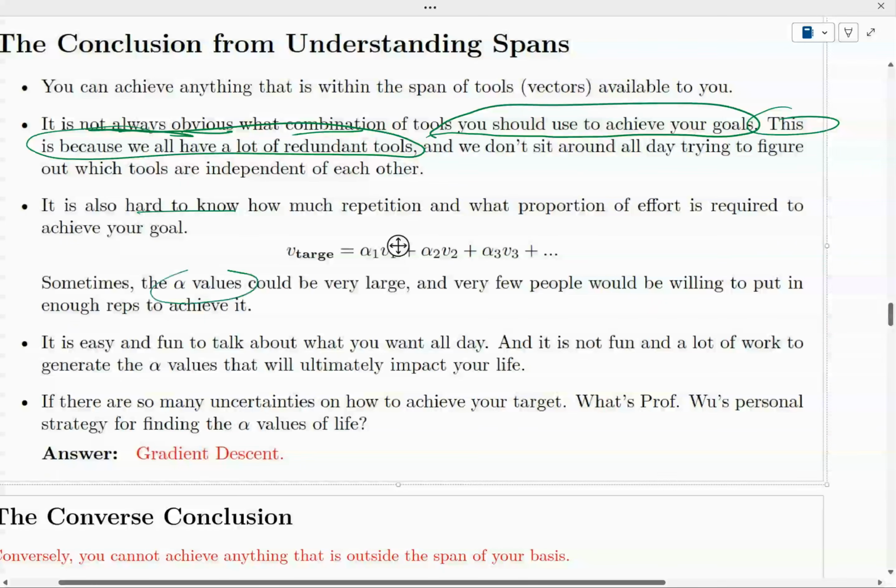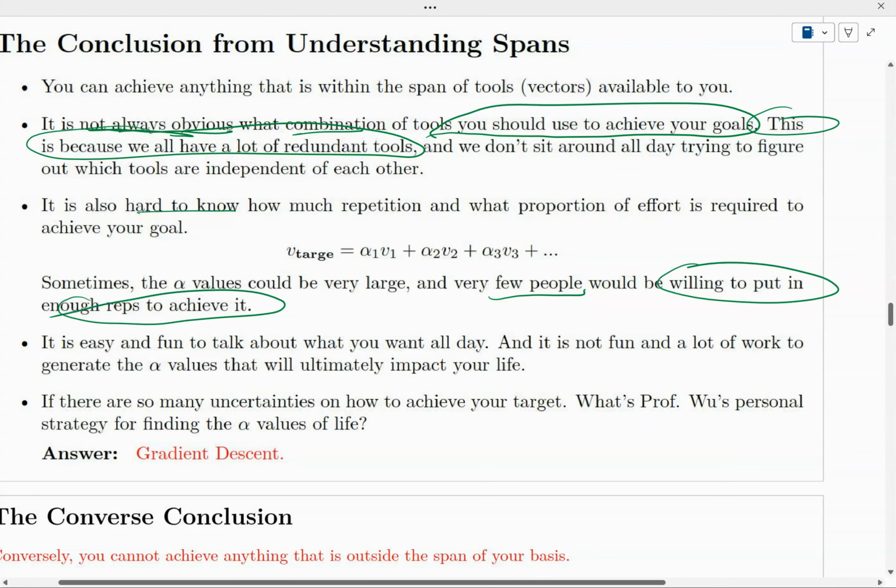Now, sometimes the alpha value could be very, very large. So you have to repeat whatever you do over and over and over again until you reach the sufficient alpha value. And very few people will be willing to put in enough reps to achieve it. So this could be like 1,000. So you have to repeat the same thing over and over again 1,000 times to achieve your target. It is really easy and fun to talk about what you want all day.